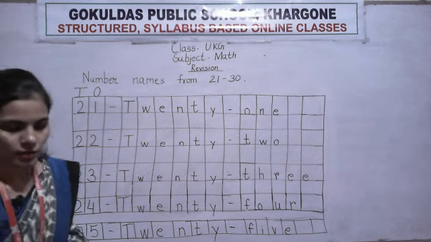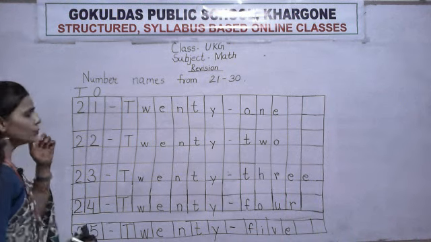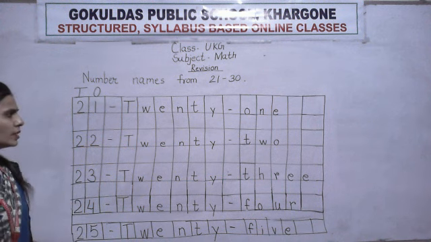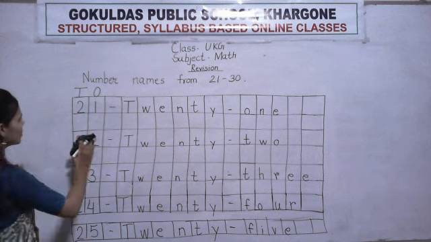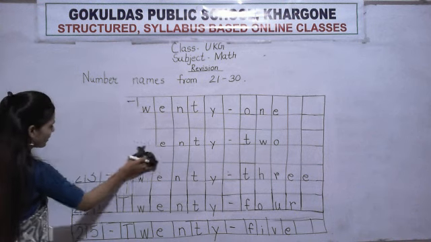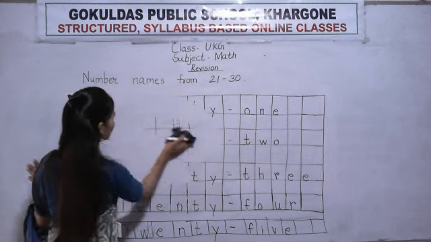Now I have no space, so I erase the board. If you have no space, you turn the page and write from the next page. Now after 25, which spelling will come? 2, 6, 26.